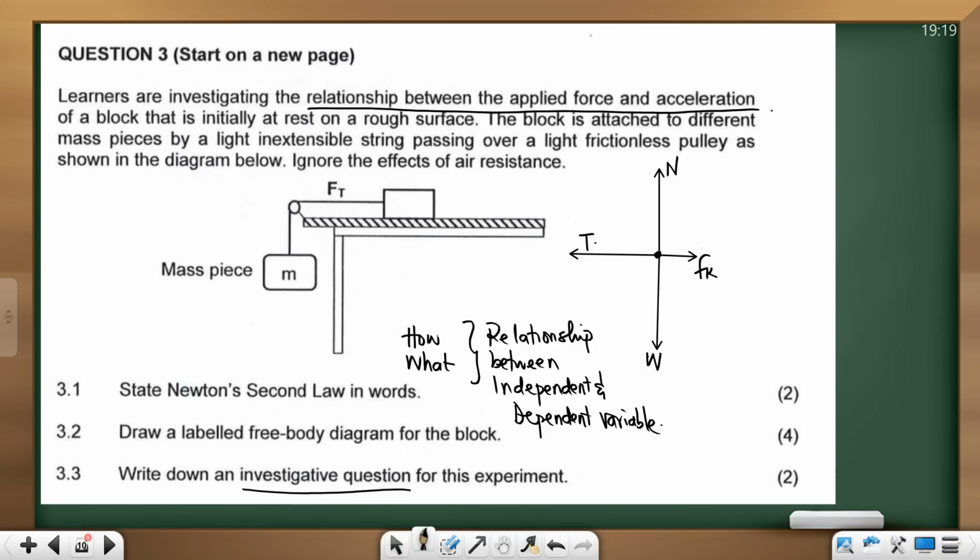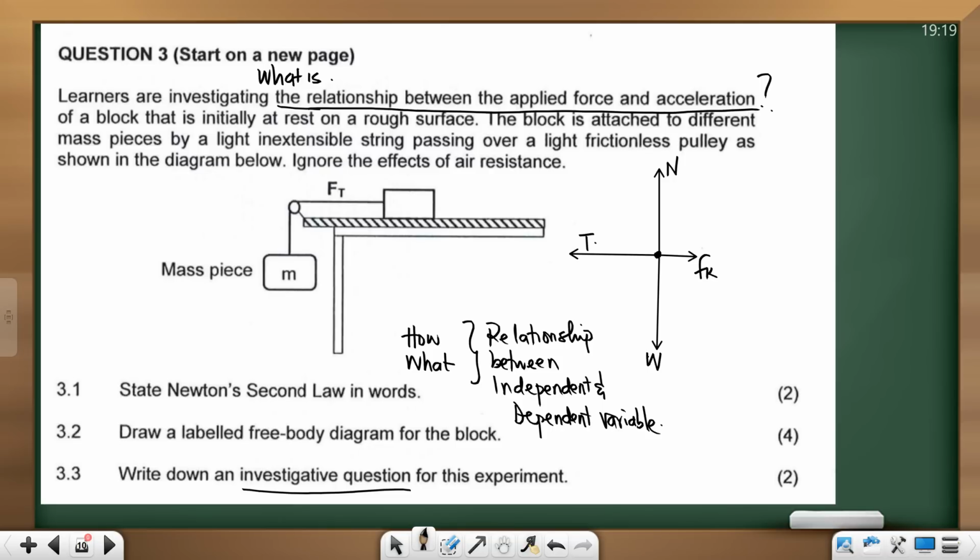How will applied force affect acceleration? Full stop. Or check. Just come here and put what is, and put a question mark. 2 marks. Is that making sense?